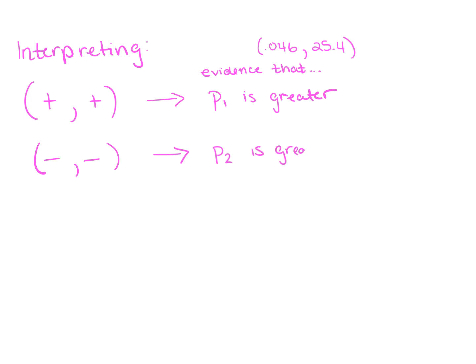And then the third one would be like, what if our values go from a negative to a positive? Well, in this scenario, it could be p1 is greater or p2 is greater, or more importantly, there could be zero in that interval. So if zero is in that interval, we have evidence that there could be no difference.